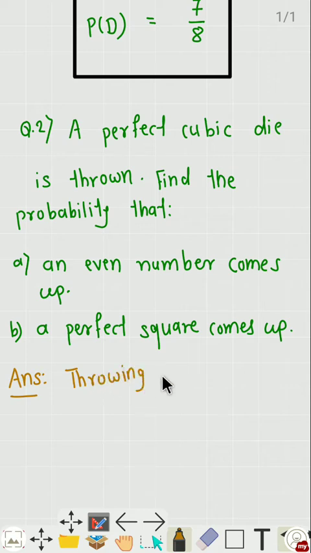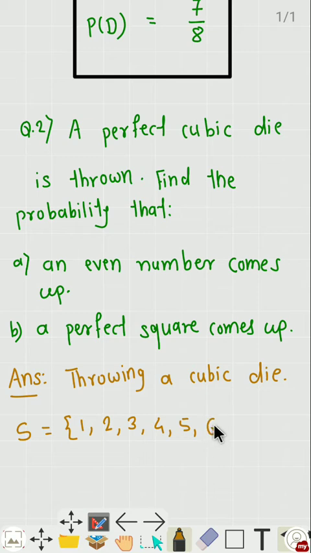In this case, all the possible outcomes are, on the upper face, either we get 1 or 2 or 3 or 4 or 5 or 6.